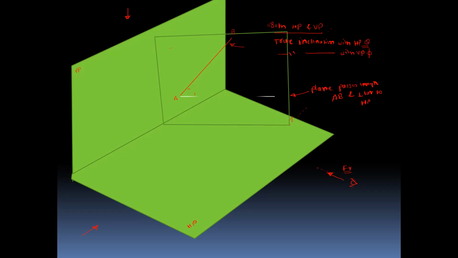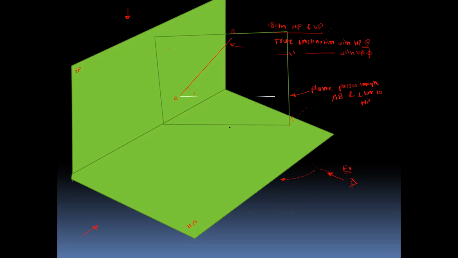The direction of observation is exactly perpendicular to the vertical plane, and that gives the front view. Just change this position and observe from this direction.